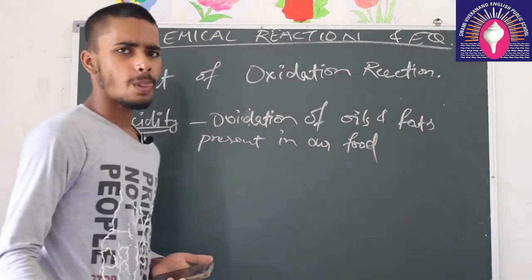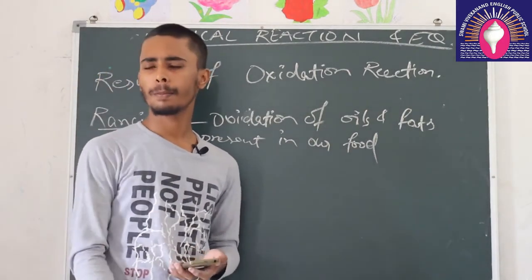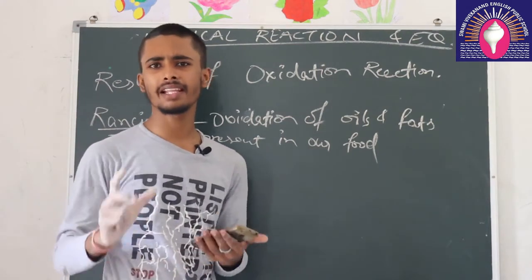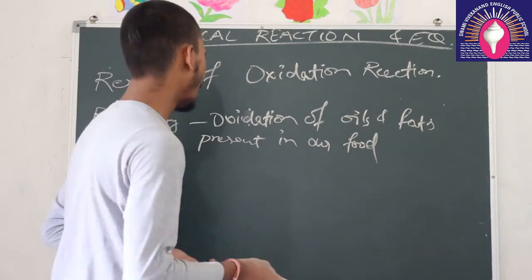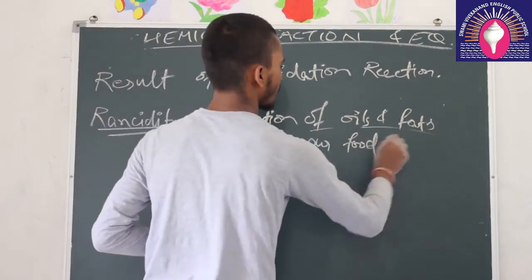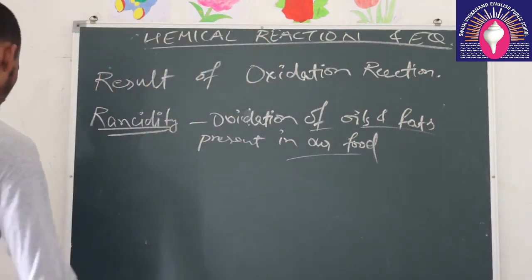We all have seen that when we keep any food materials in an iron jar or in the open air, it gets oxidized due to various agents. This is known as rancidity.